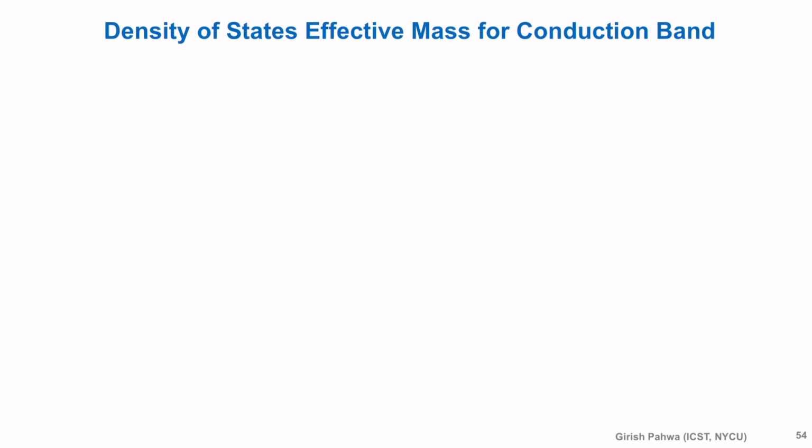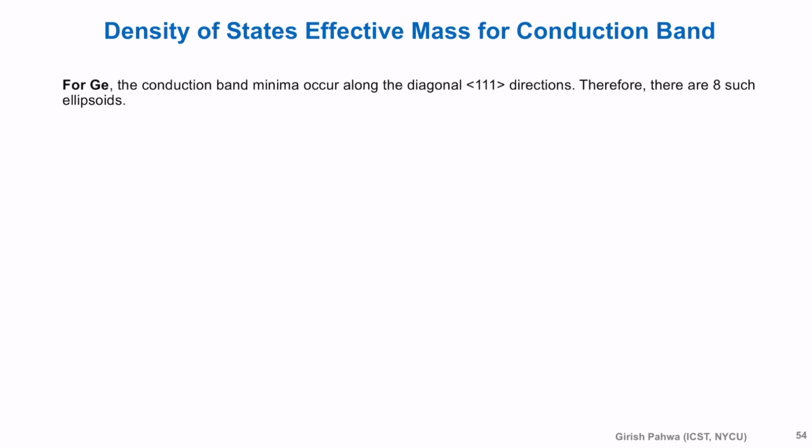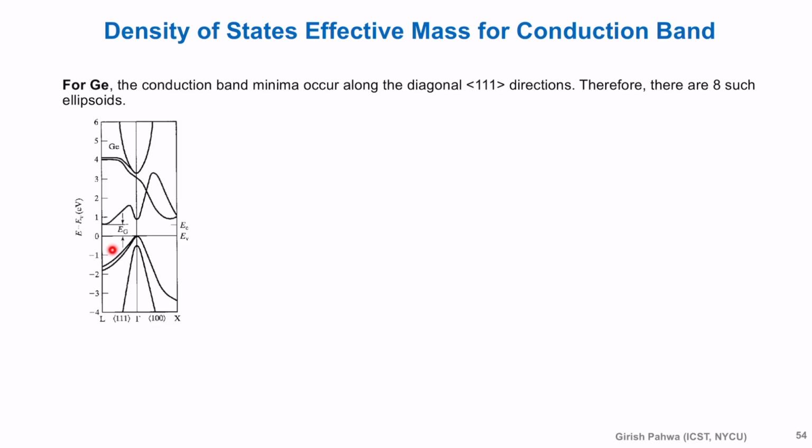How many 111 directions do you have? Look at the EK diagram here. So this is the gamma to X direction, and if you go in the gamma to X direction you have a valley, but this valley has a larger energy than another valley which is along the 111 direction. So if you go from gamma to L, you see this is the minimum energy point for germanium.